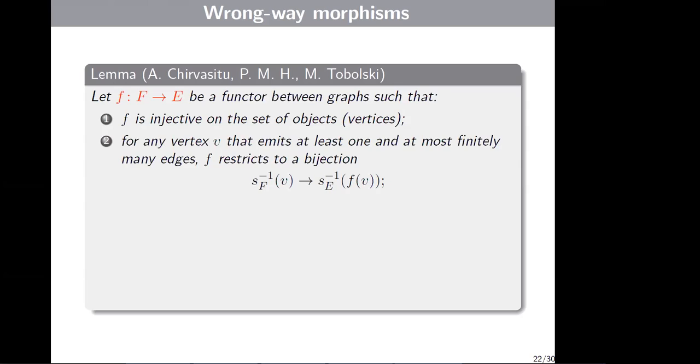So I cannot change the number of elements in my sum. It wouldn't work. So this is the first obvious guess. These conditions are taken verbatim from an analogous lemma in Leavitt path algebras. We are not being very creative here.